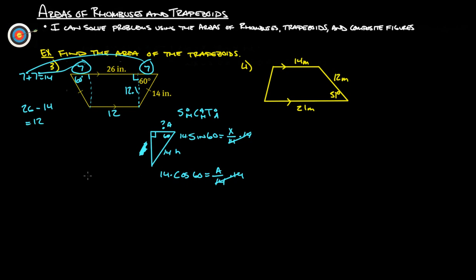All right? So area of this whole trapezoid here is going to be, we add the two bases together, 12 plus 26 divided by 2, and then multiply it by the height, which is 12.1. Okay, so 26 and 12 is 38 divided by 2 times 12.1, and then half of 38 would be 19 times 12.1.